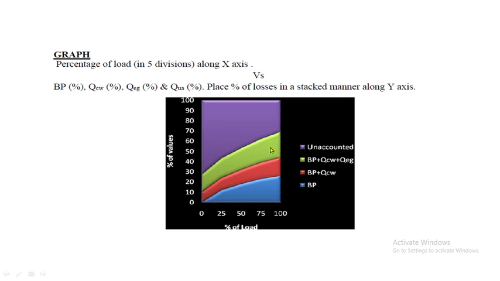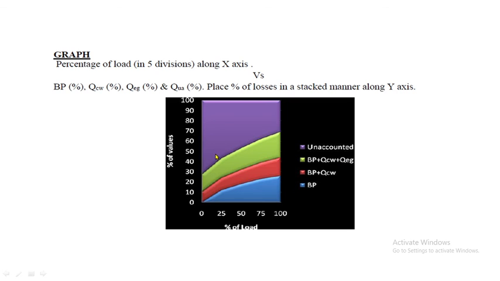Next, you have to add brake power, cooling water heat loss, and heat carried away by exhaust gas. Add these values and draw the third line. This is the third line, above the green graph. For this, you add brake power percentage, heat carried away by cooling water percentage, and heat lost to the exhaust gas.